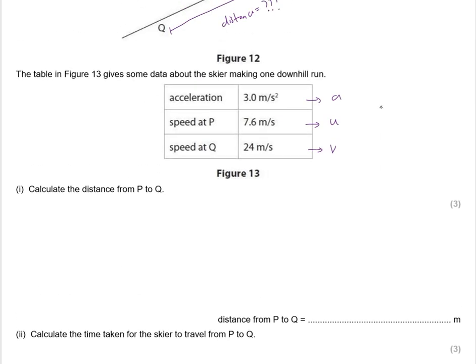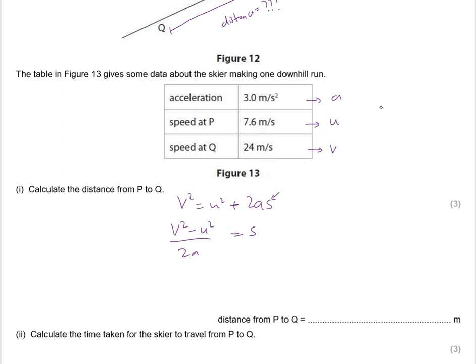So luckily, one of the equations given to you was v squared is equal to u squared plus 2as. Now s is the distance in this case, that's what we are looking for. So v squared take away u squared, divided by 2a, gives us s.